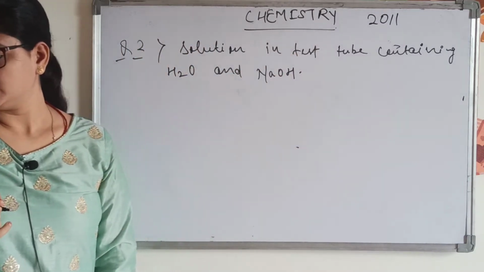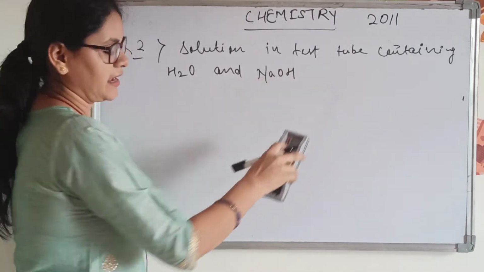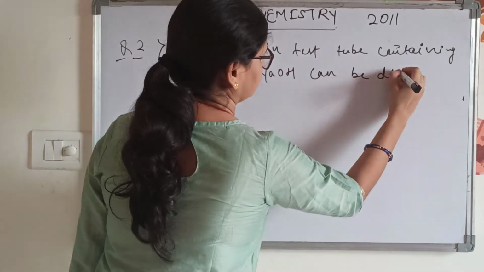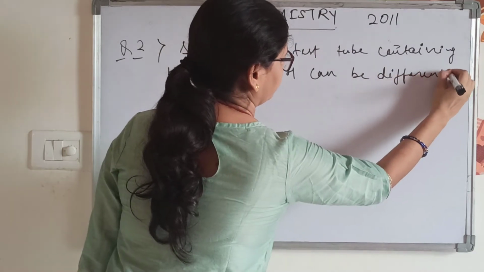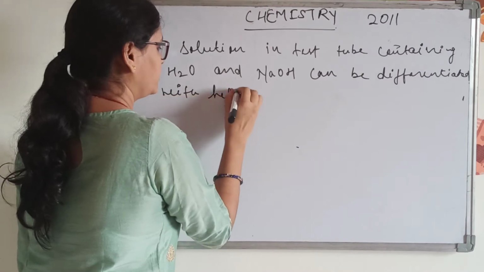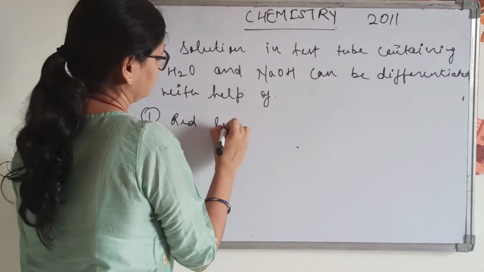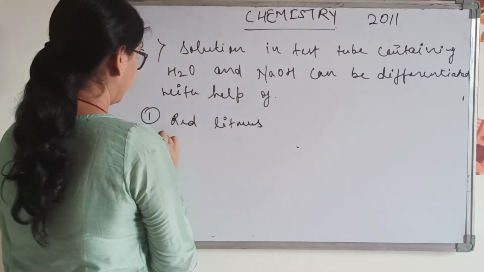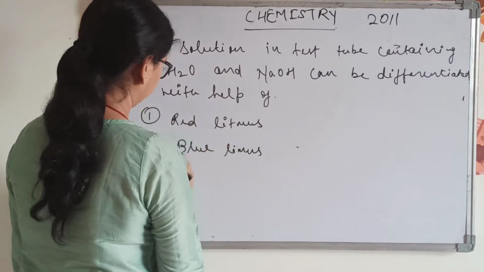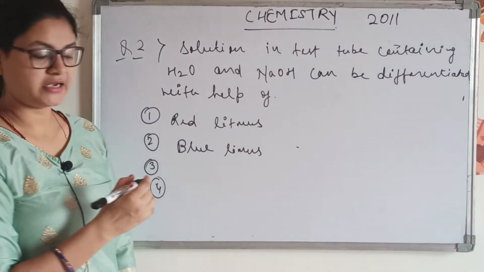NaOH can be differentiated with the help of: first option, red litmus; second, blue litmus; third option, sodium bicarbonate and HCl.